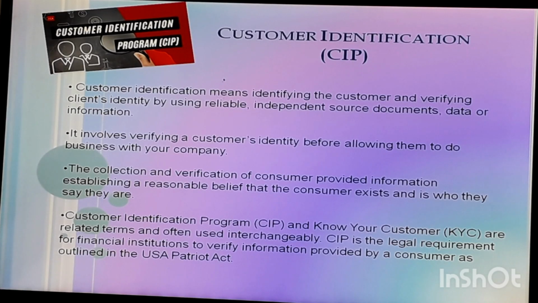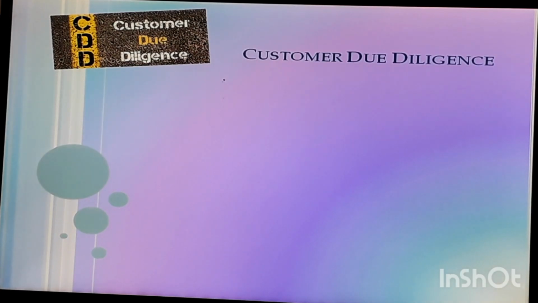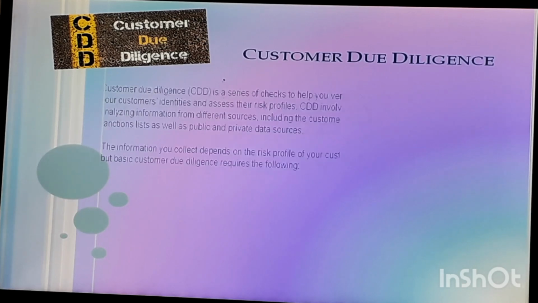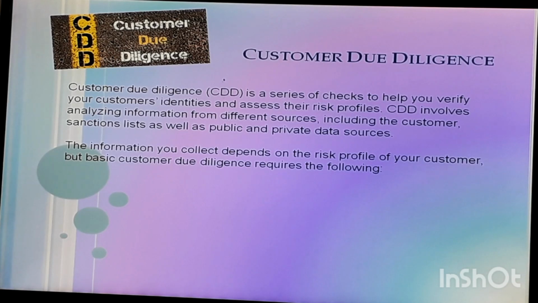the description box. So we'll move on to the next topic, which is customer due diligence. The word itself suggests we need to diligently check all the given information once we have identified and verified it. Now, what is customer due diligence? It's a series of checks.